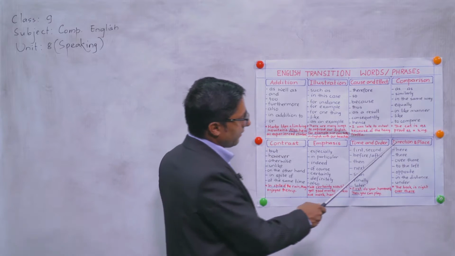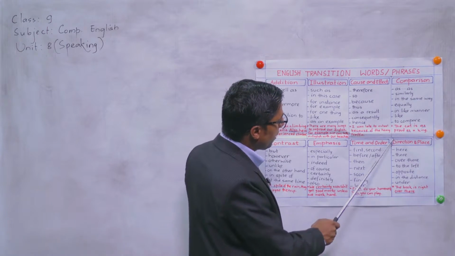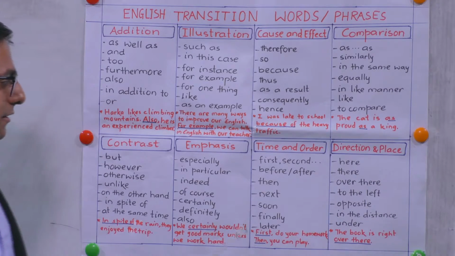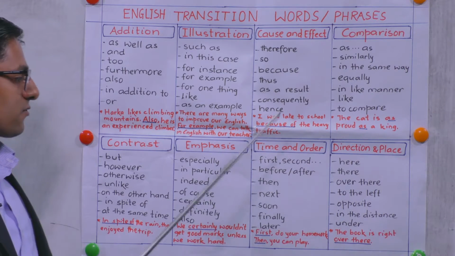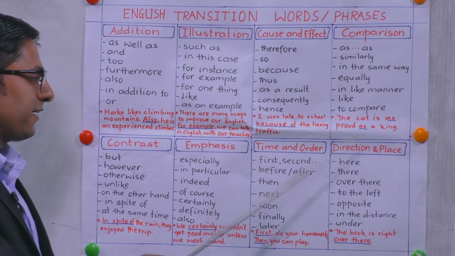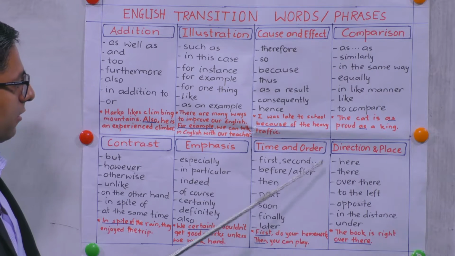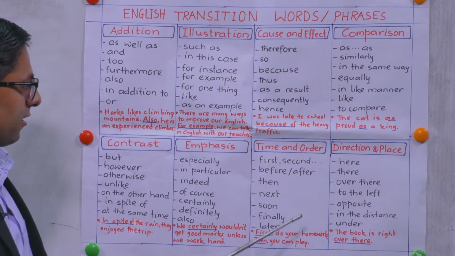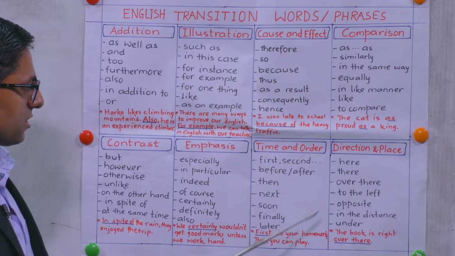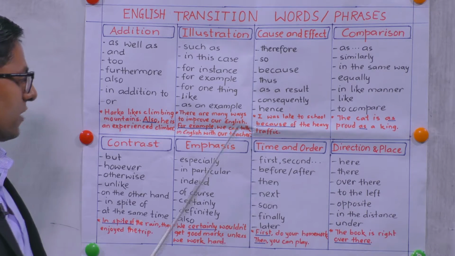Okay, look at the next type, direction and place. There are some transition words or phrases that show direction or place. For example, here, there, over there, to the left, opposite, in the distance, under.